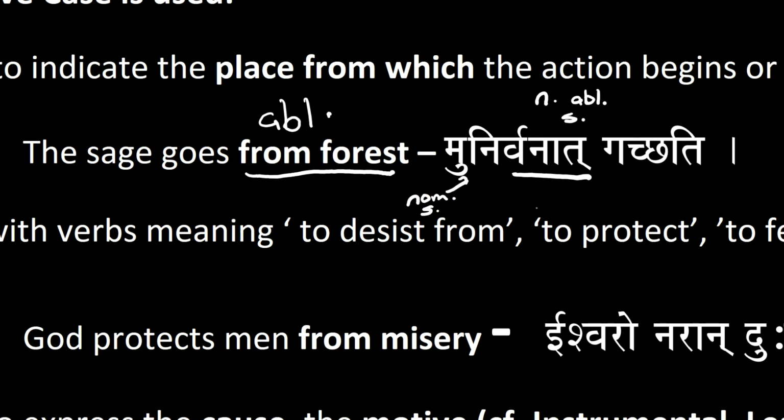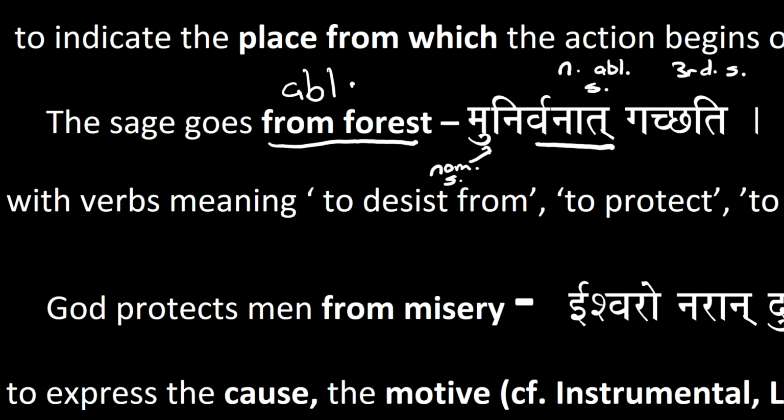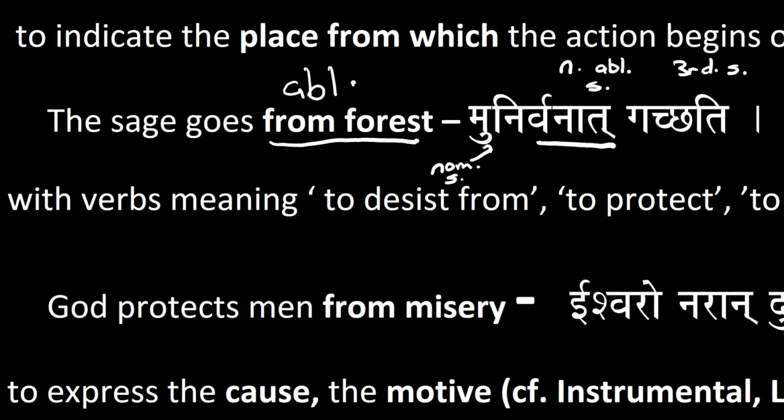And to go: since the sage is the one doing the going, and it is one sage, this is third person singular, first conjugation, gachati. So the sage goes from the forest, Munir vanat gachati.